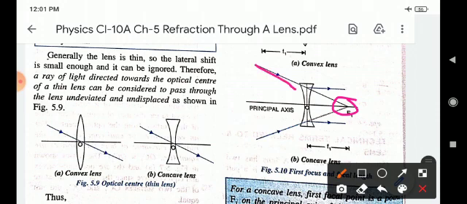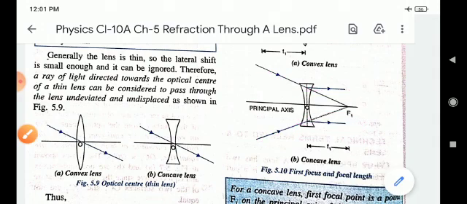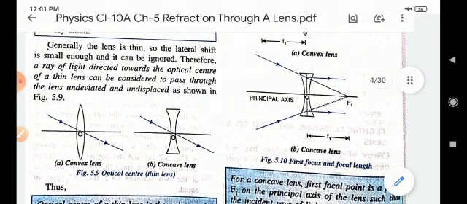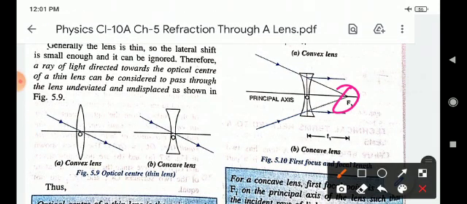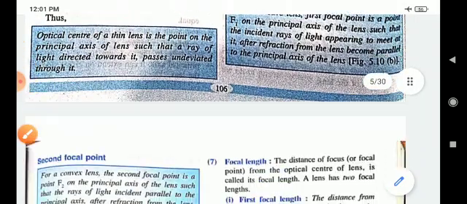These light rays come and bend from this side, and if they merge, that point is F1. For a concave lens, the first focal point is a point F1 on the principal axis of the lens such that the incident rays of light appearing to meet at it, after refraction from the lens, become parallel to the principal axis.